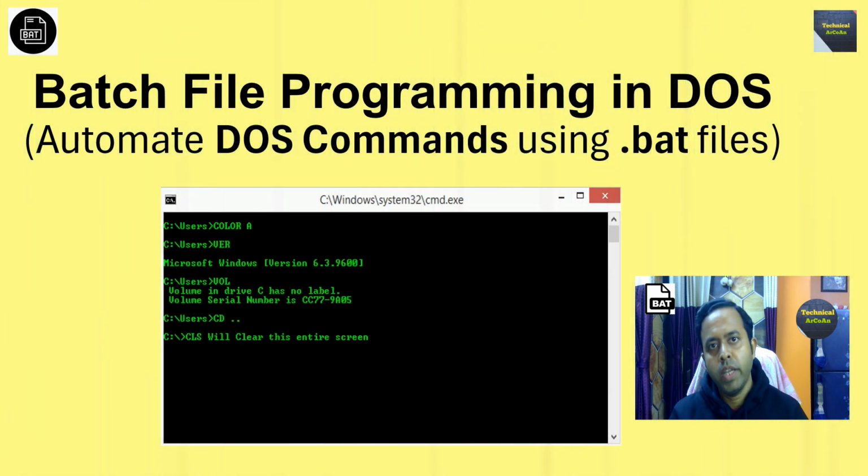Hello friends, today I will discuss batch file programming in DOS, right? In my last video of the DOS command series, we learned the basic DOS commands, right? Now, instead of typing DOS commands again and again, we can automate them using a batch file, right?